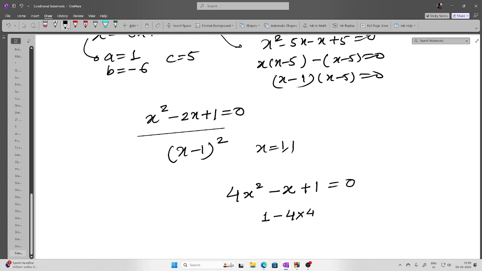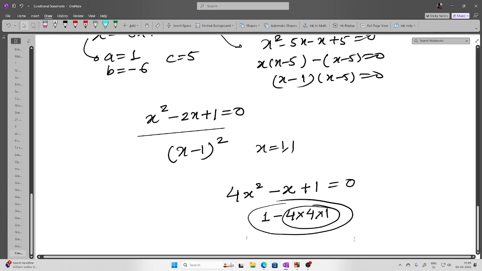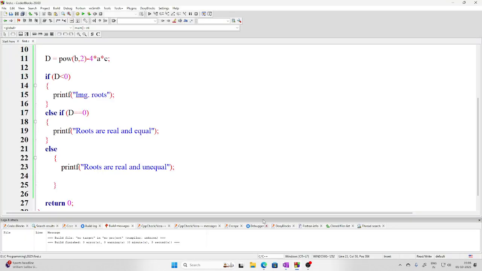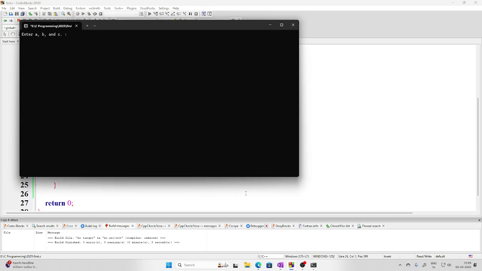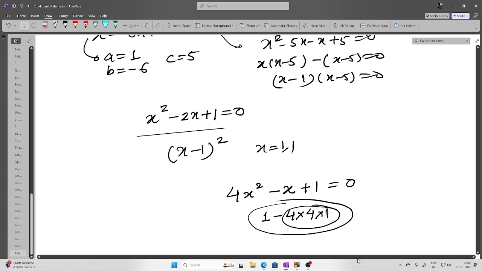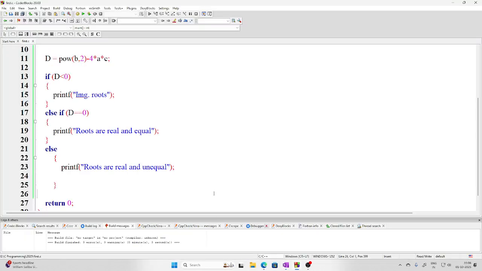What is a? It is 4. What is c? It is 1. So this is negative. So 4, minus 1 and 1 will give me what? Imaginary. So 4, minus 1 and 1. So imaginary roots.